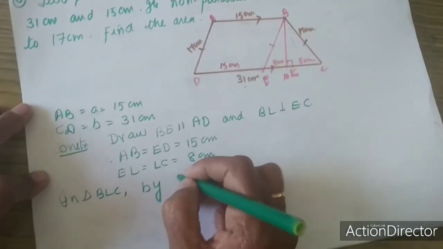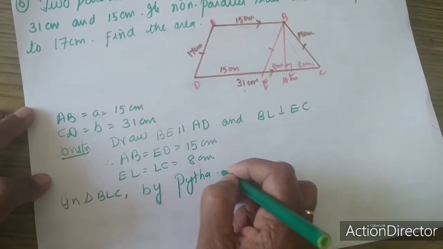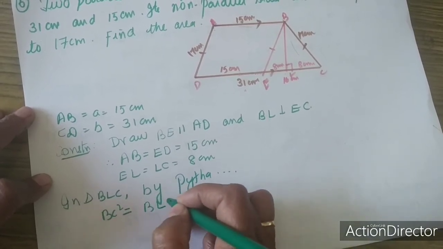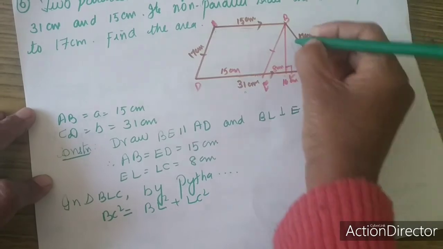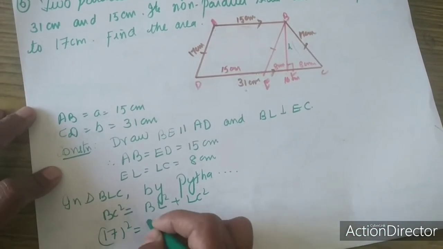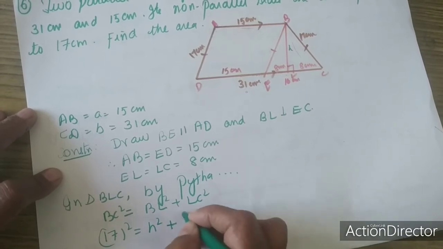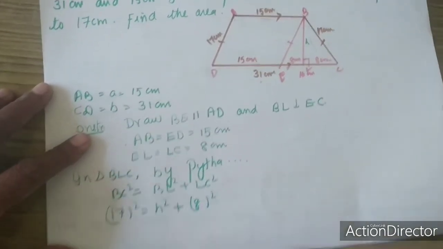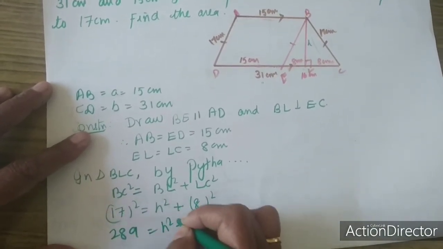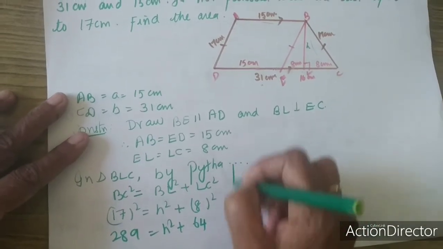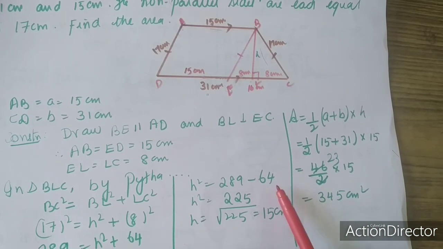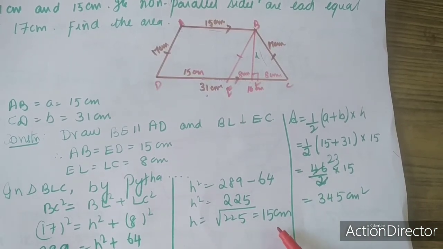By Pythagoras theorem, we have BC square is equal to BL square plus LC square. This is nothing but height. So BC square, 17 square, is equal to height square plus 8 square. 17 square is 289, which is equal to height square plus 64, or height square is equal to 289 minus 64, which gives me height is equal to 15 centimeter.